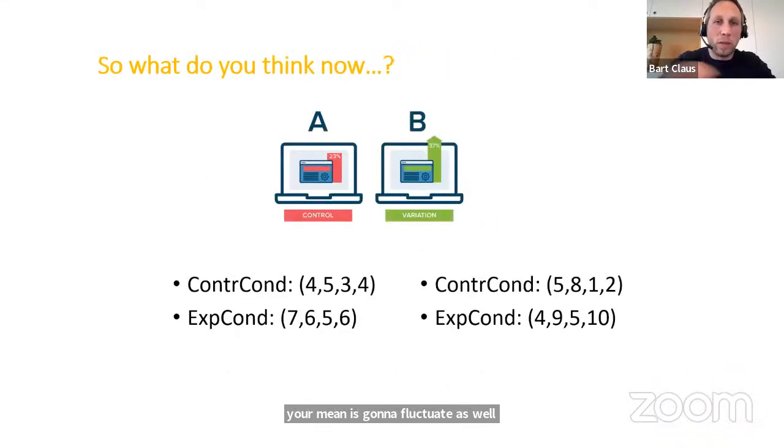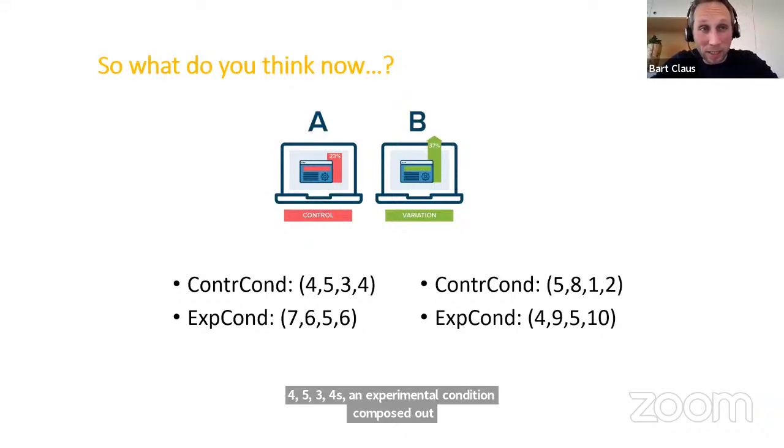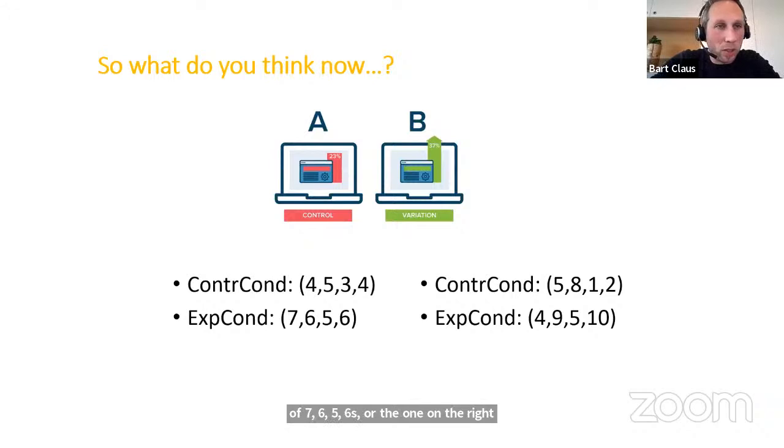So let's now compare these 2 situations, right? Where we have results of 2 different tests. So you have a control condition that is composed out of 4, 5, 3, 4 seconds, and an experimental condition composed out of 7, 6, 5, 6 seconds, or the one on the right, where both the control condition and the experimental condition have much more variance.